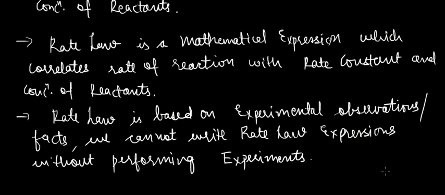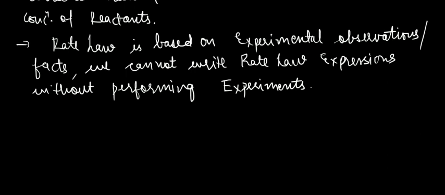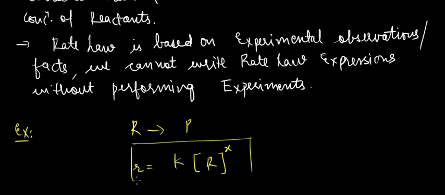Okay, so now let us see some of the ways in which we can write rate law. The representation of rate law can be written as, suppose reactant is converting into product, rate is actually K times concentration of reactant R to the power X, and X is the order of reaction.